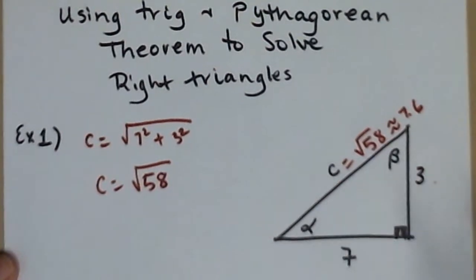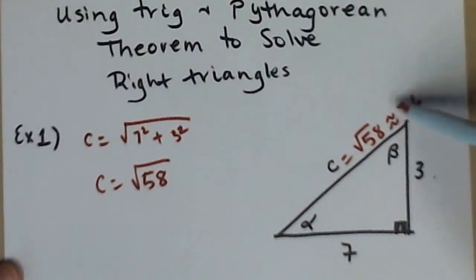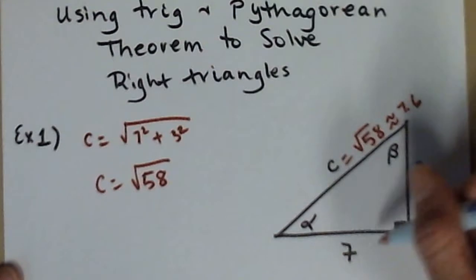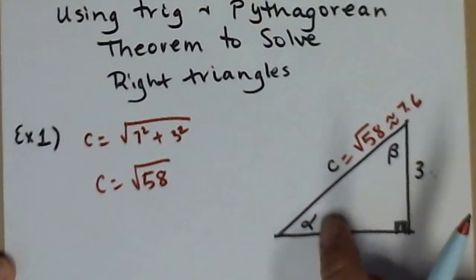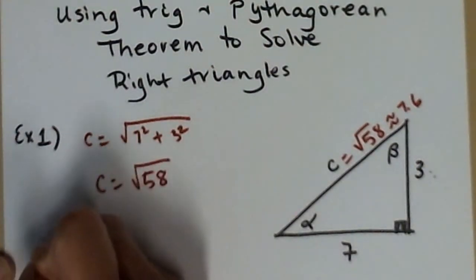To find the angles, I need to use some inverse trig. So once we get C, you can pick any of your trig functions to apply. But since the two legs are given exactly, 3 and 7, I'm going to choose to use inverse tangent. And you can start with beta or alpha, and I'm going to take alpha. So here's how I do it.